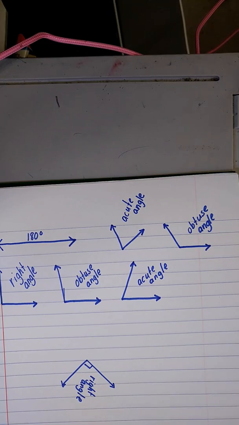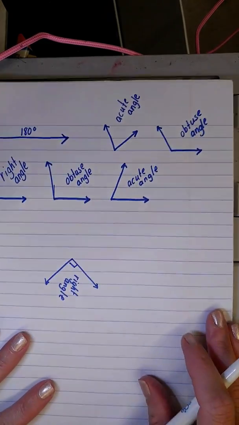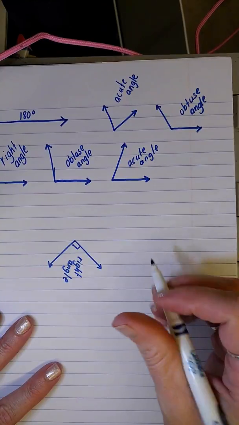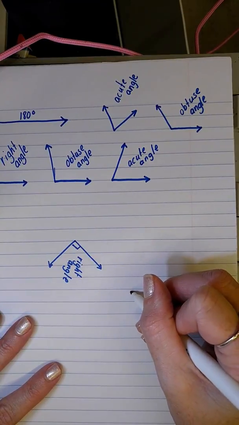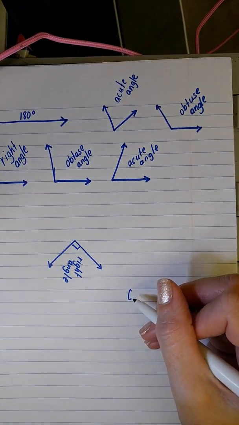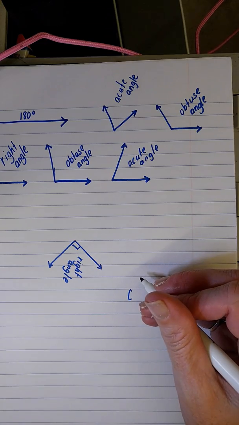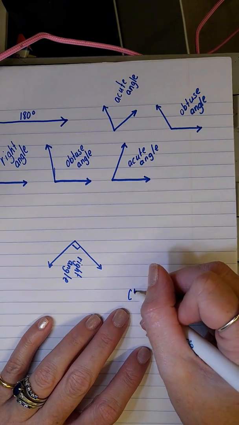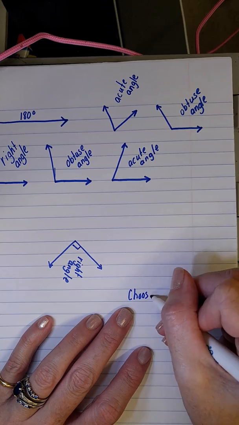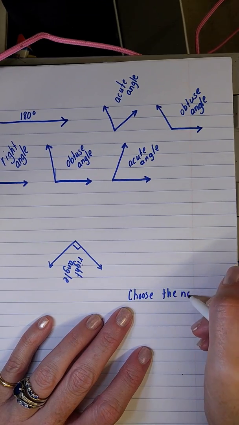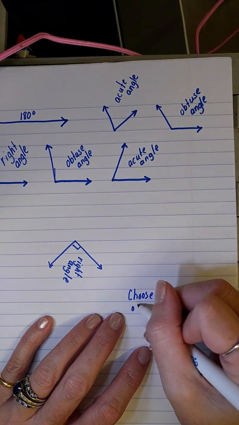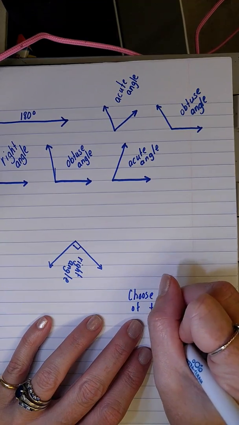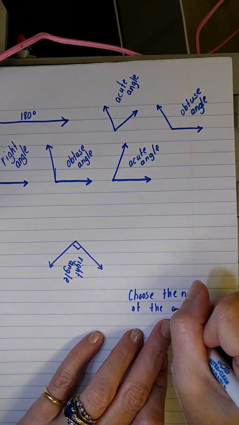The students do need to be able to identify. So test questions might be something like this. Choose the name of this geometric figure.